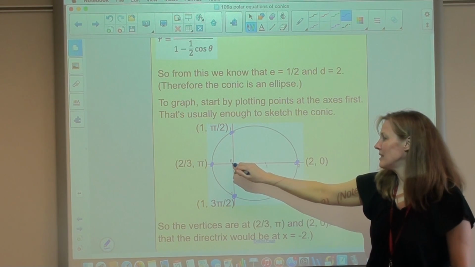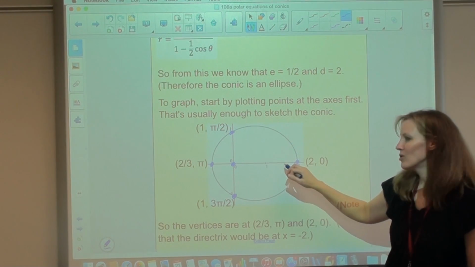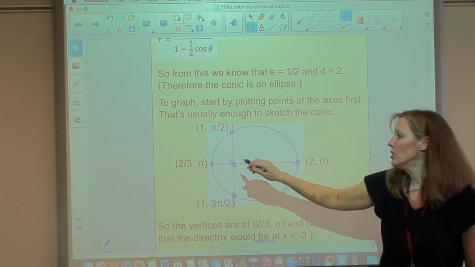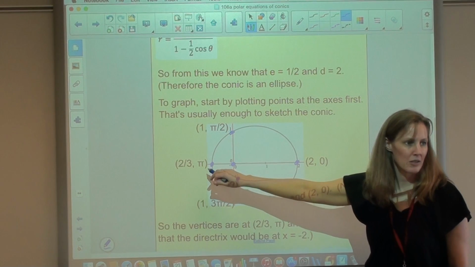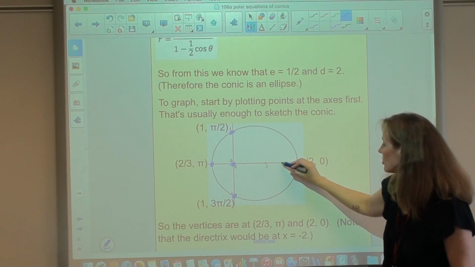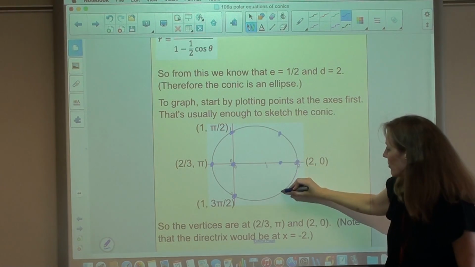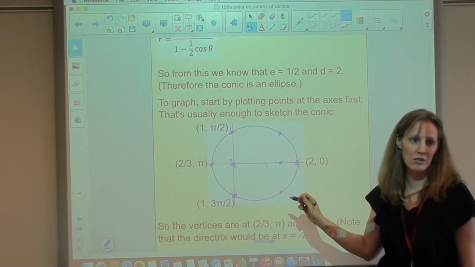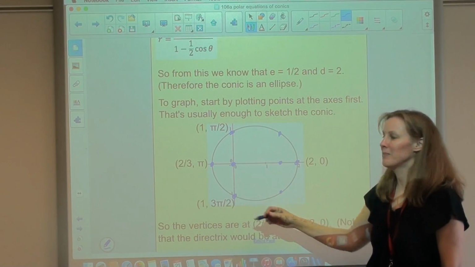The focus is at the pole, and an ellipse has a second focus on the other side. This focus is 2/3 away from this vertex. So I could go in 2/3, have the other focus, and from the focus go up 1, down 1, and get more points. Or, because ellipses are symmetric, I can make it look nice.